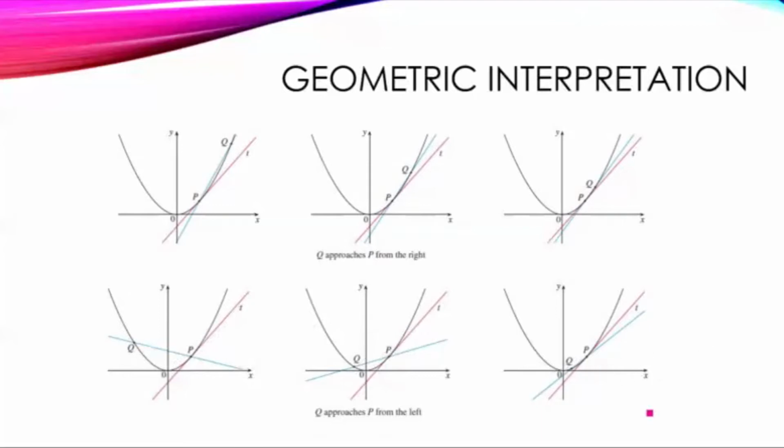As you can see, as point Q approaches point P, the secant line also approaches the tangent line T.